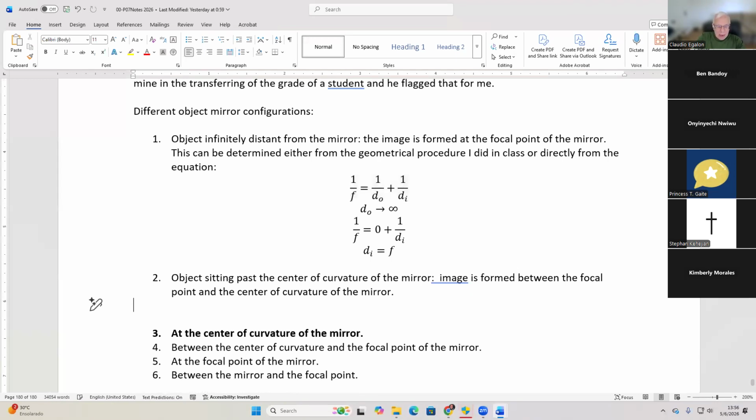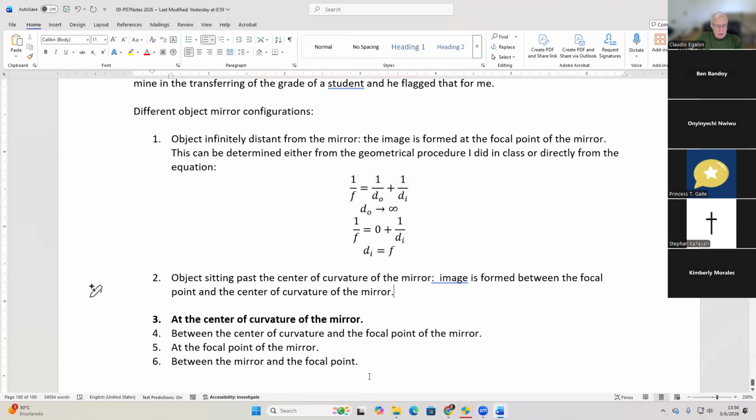Number 3, at the center of curvature, object sitting at the center of curvature of the mirror. Okay, the image is formed exactly at the center of curvature.